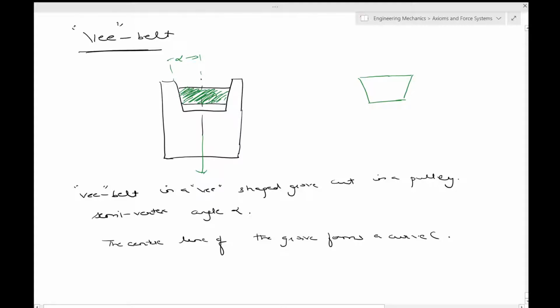Let me draw that all over here. So if P1 is the force per unit length, clearly, which is normal to the belt, I'll show this over here as P1.